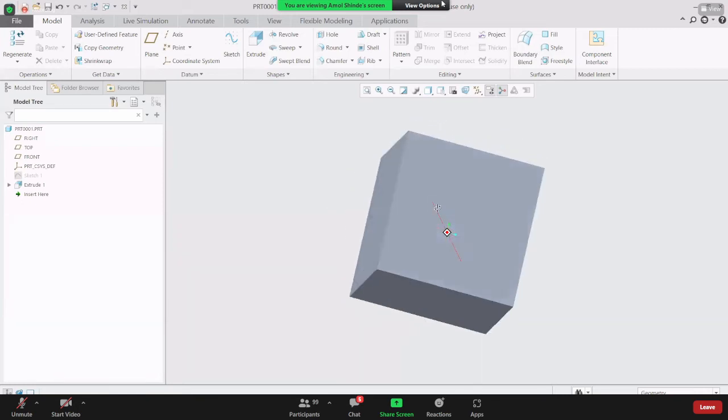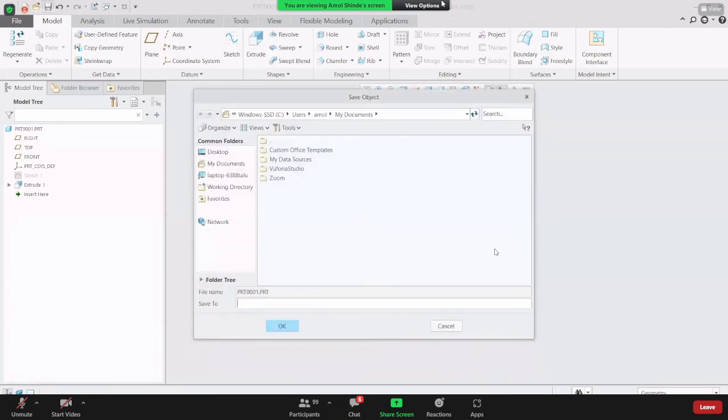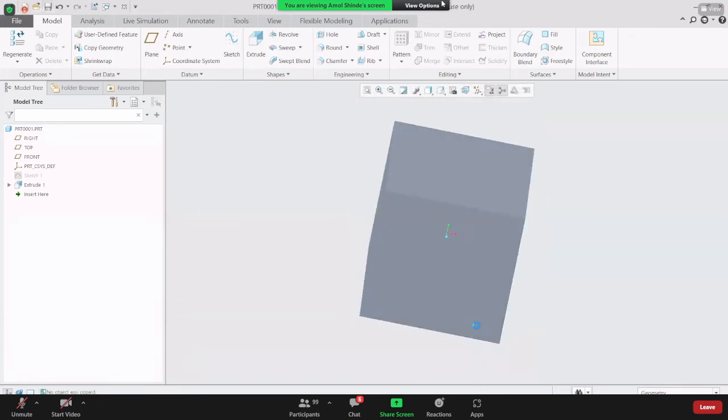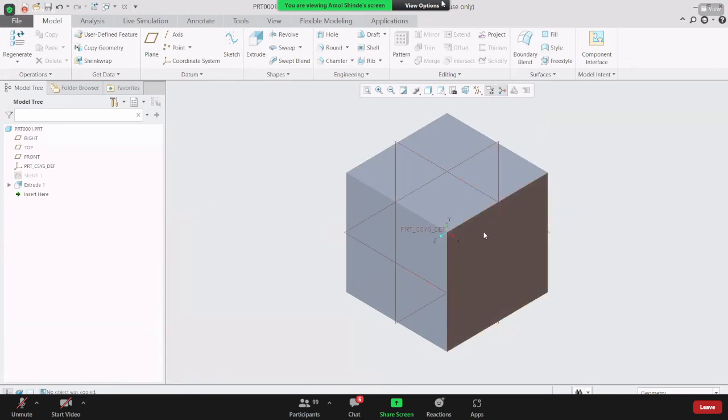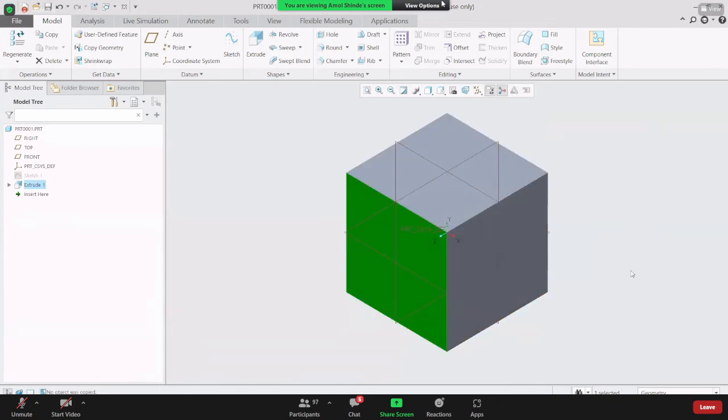But when is it possible? When the eyesight is perpendicular to one of the surfaces. If it is the front, the eyesight must be perpendicular to the front. So that means we can see only 6 faces, 6 surfaces. This is one view, this is another view, this is the third view. Got it?